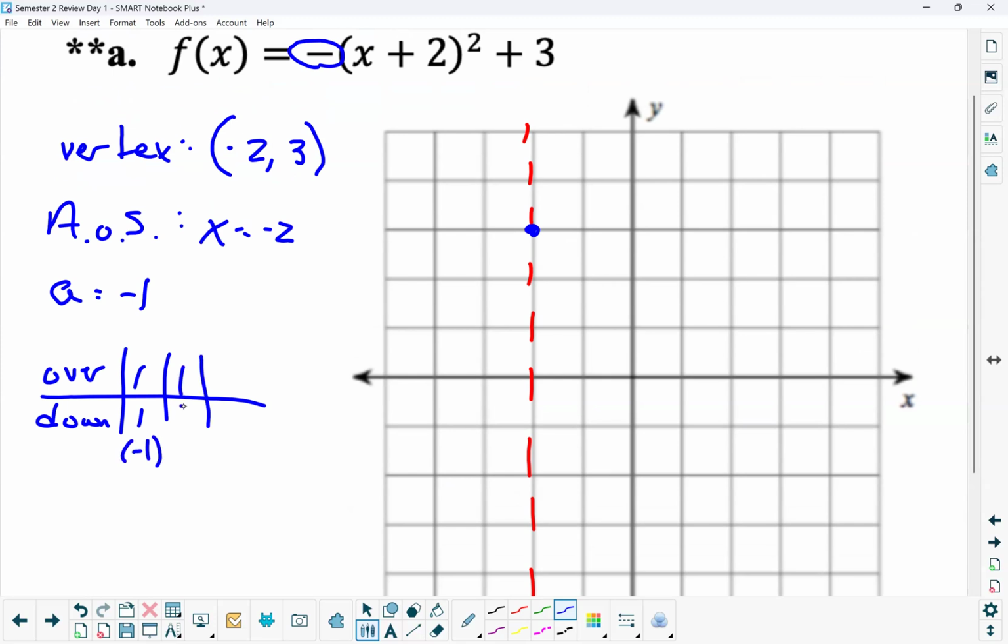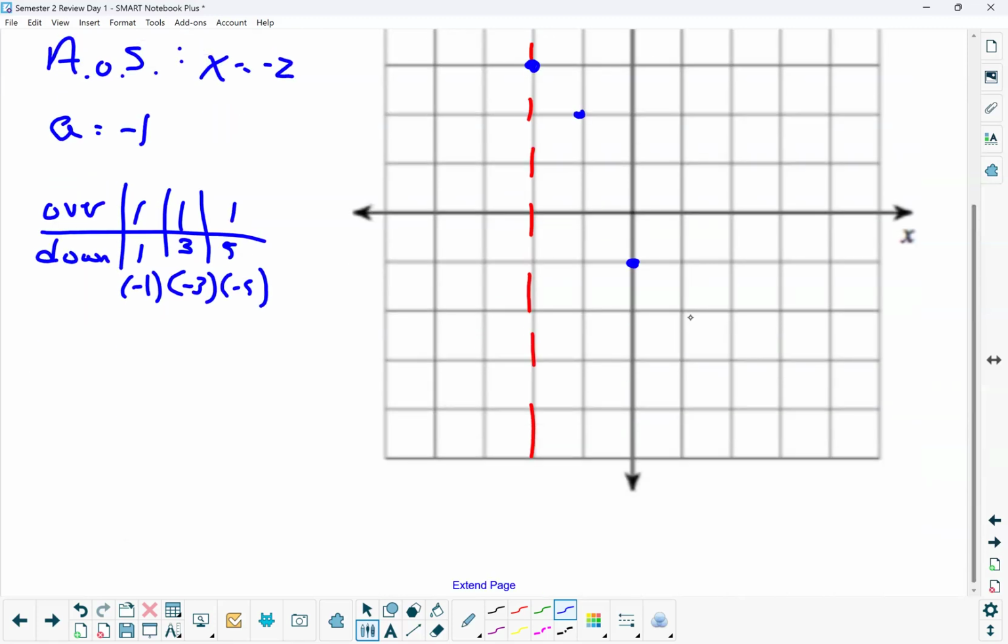Over 1, down 3. Over 1, down 5. So that 1, 3, and 5, if you want to think of it as up, it's -1, -3, -5. And that's the way we go for the right side of our graph. Over 1, down 1. Over 1, down 3.